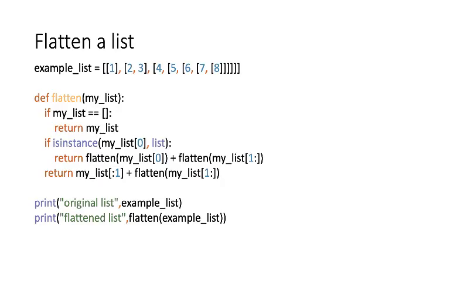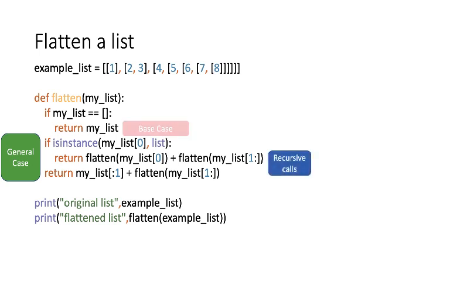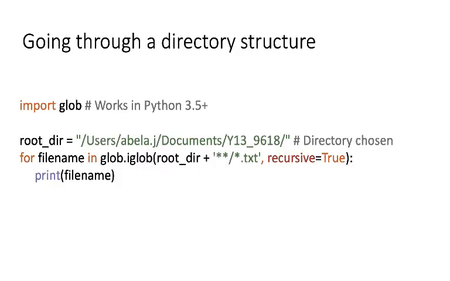But let's have a look at a couple of these. So here is one example to flatten a list. We have our general case, we have our recursive calls, and we have our base case. Okay, so when it gets to the end of it, it just returns the list and starts the process. Another one, how do you know this is recursive?